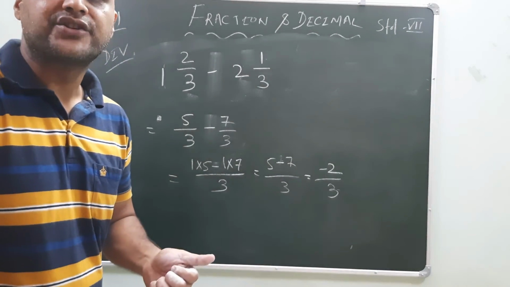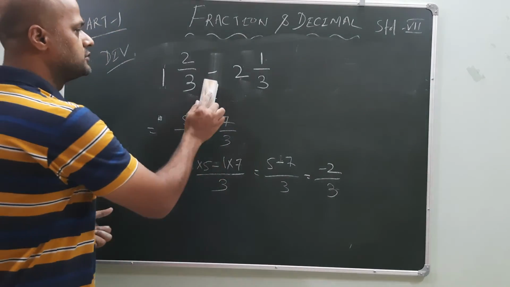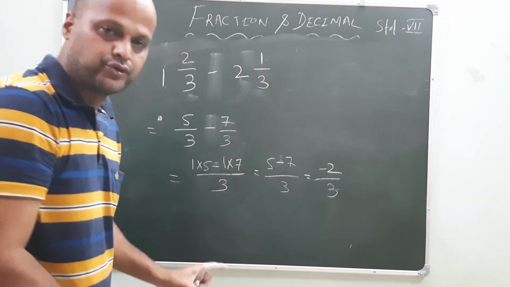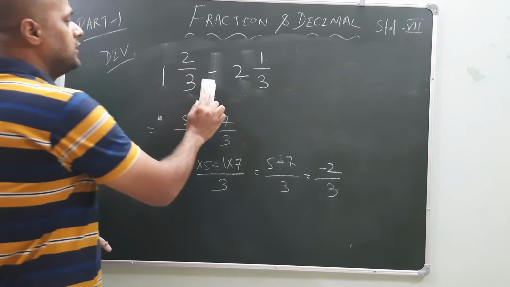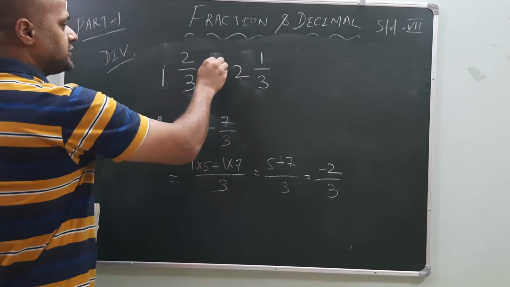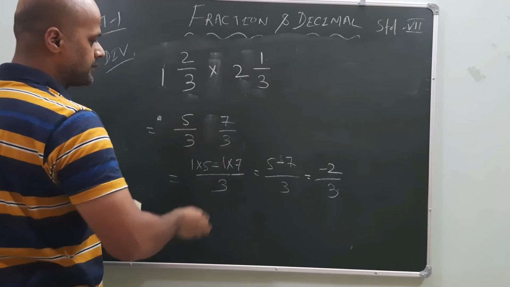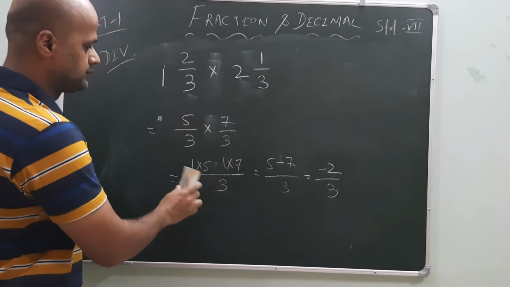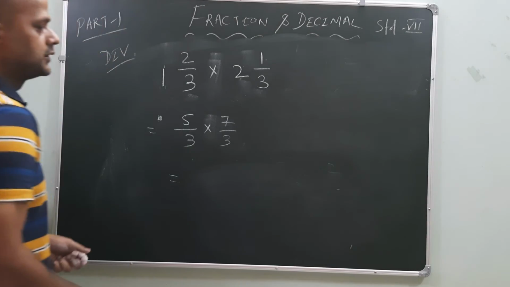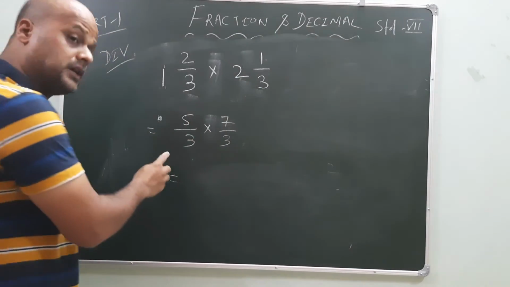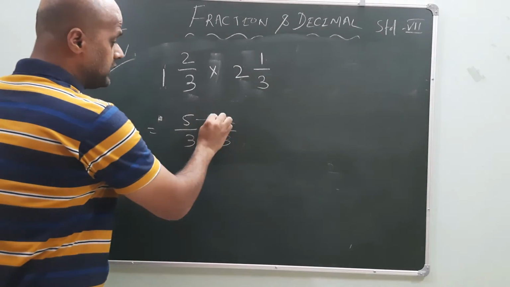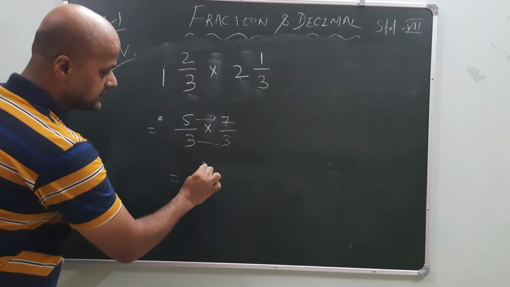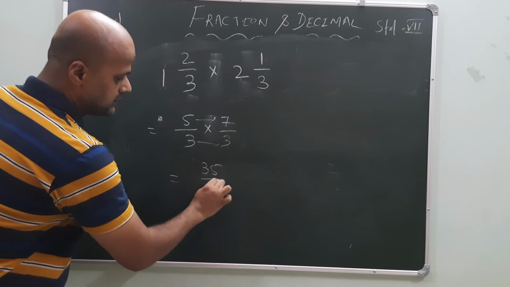Now come to the case of multiplication. I'm taking the same example. Don't be afraid, only the sign will change here. Same thing here, what you have to do? Directly multiply. How much? 35 by 9.